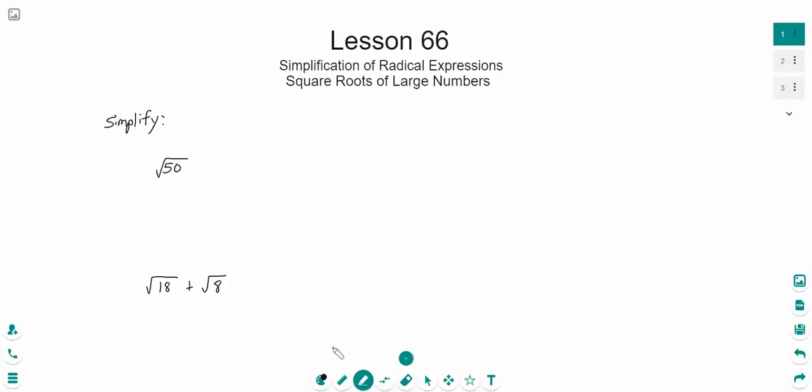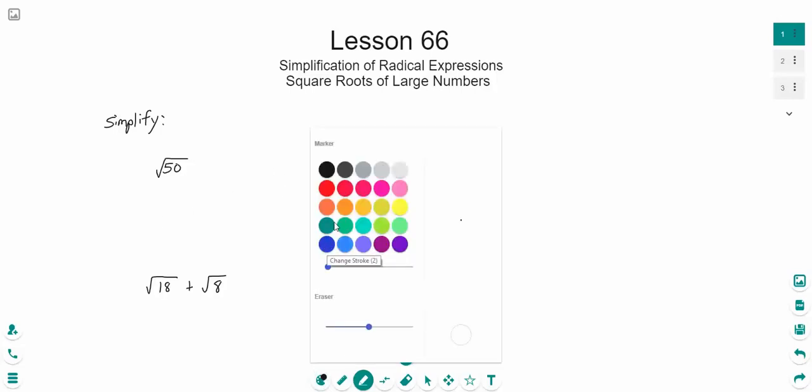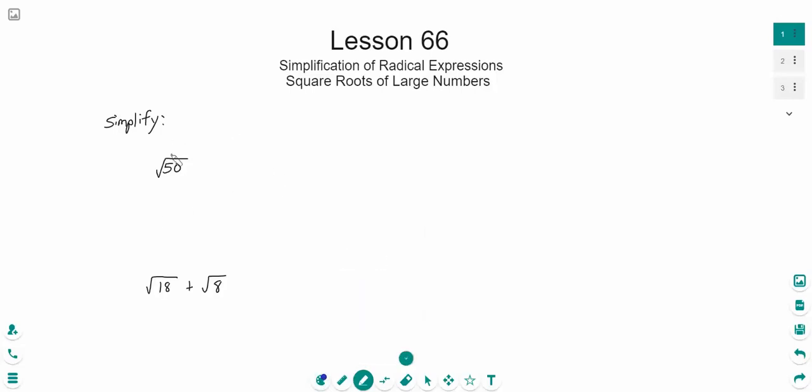The first step was to take the number under the radical sign, the 50, the radicand, and find its prime factors. So we're going to have 2, 25, and then a 5, and then a 5.